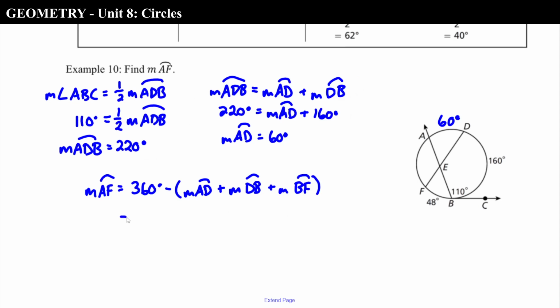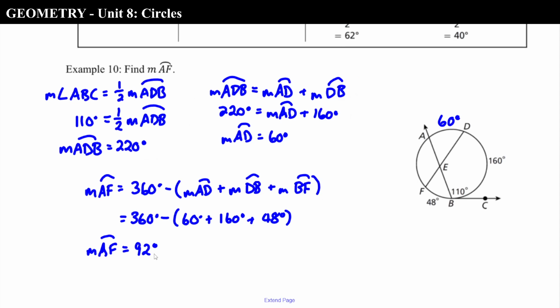So we have 360 minus 60 plus 160 plus 48. And when you do all of that, you find that the measure of AF is going to be 92 degrees.